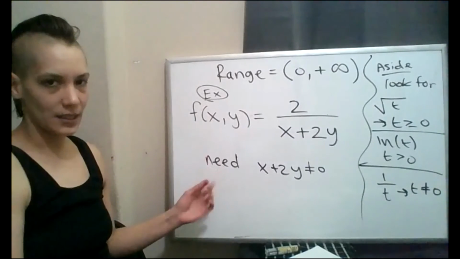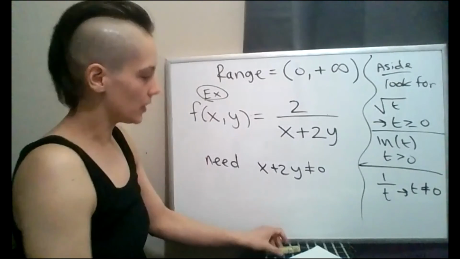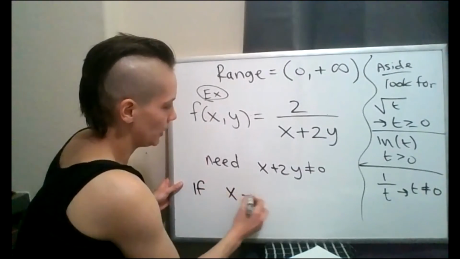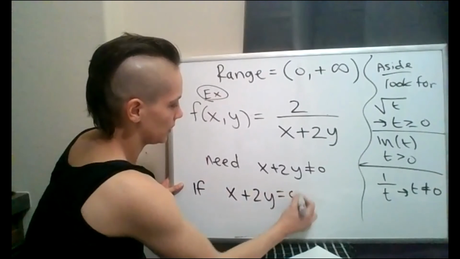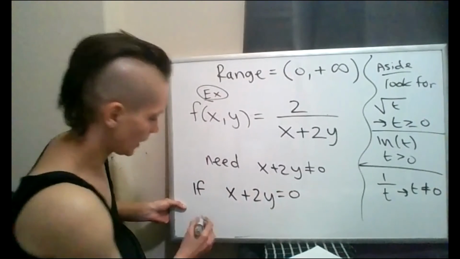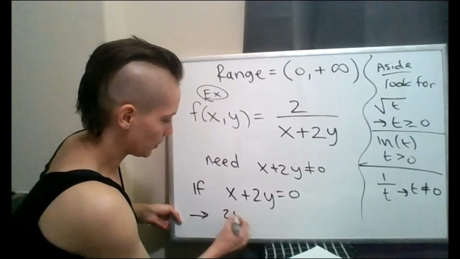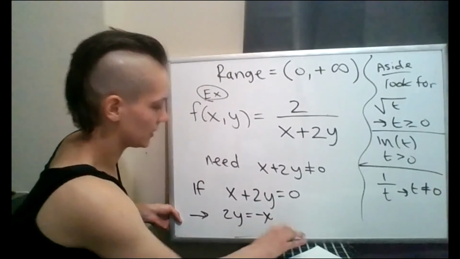So let's try to do this. Let's consider x plus 2y equal to 0. Then let's do 2y would equal negative x.